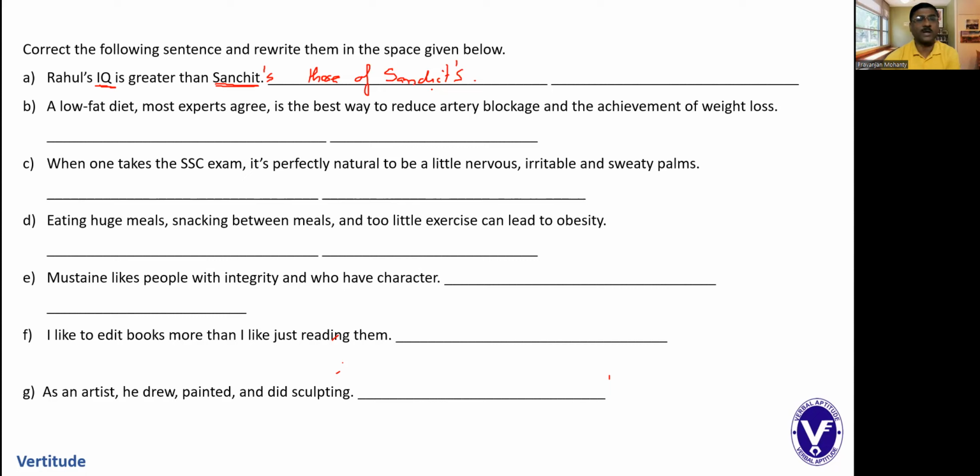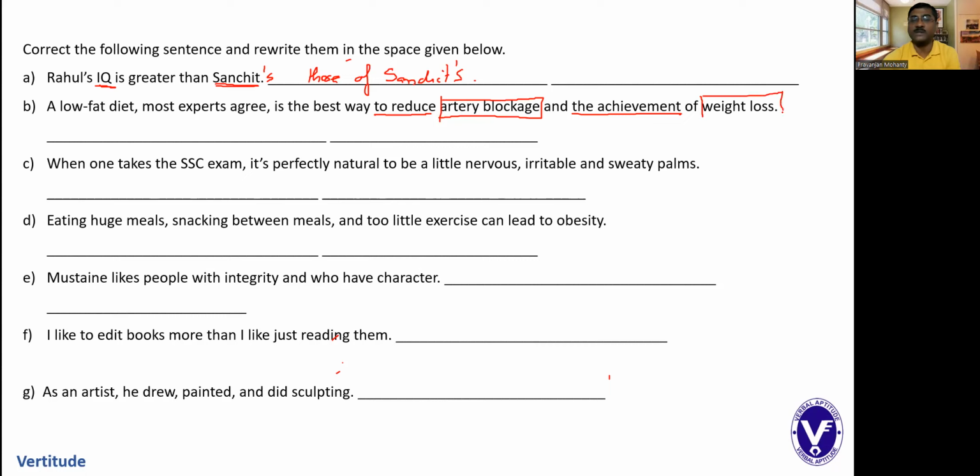Okay, then next one. A low-fat diet, most experts agree, is the best way to reduce artery blockage and achievement of weight loss. Now, here it says to reduce artery blockage and the achievement of weight loss.